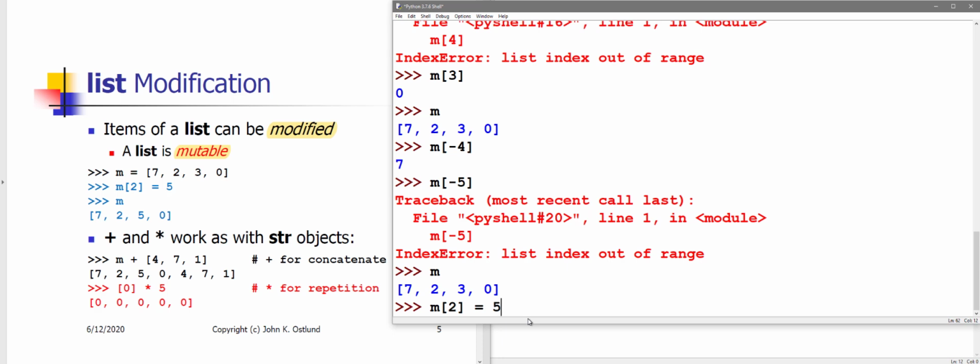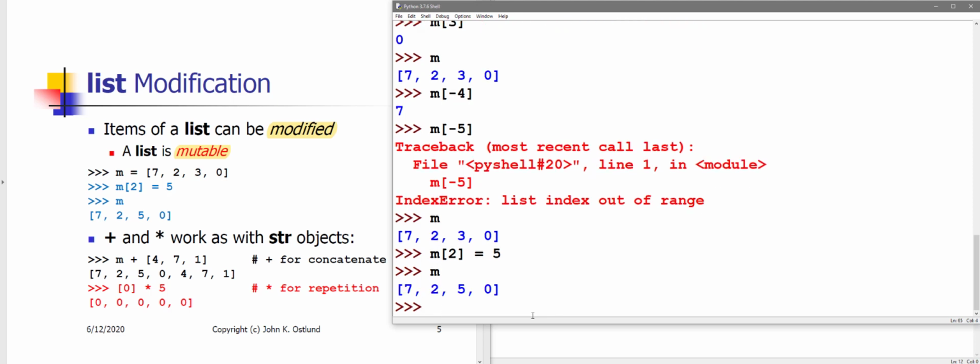So what is M sub 2? M sub 2 is this item here whose initial value was 3. When I say M sub 2 gets a 5, that actually modifies that sub 2 item within the list M. And the other 3 items remain unchanged by that.